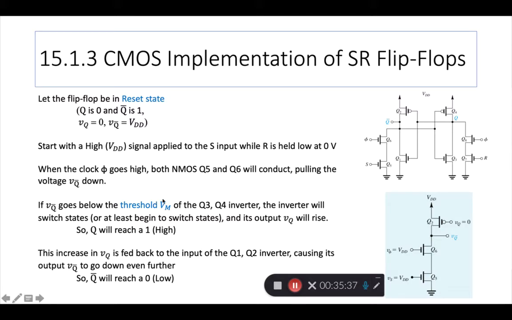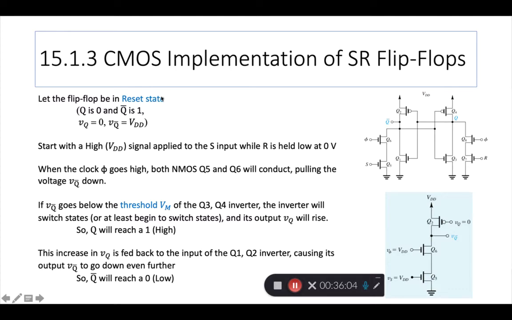When the input voltage to the inverter, remember the inverter is sitting in a reset state, right? Reset meaning Q is low. So when you lower the input voltage below VM, the threshold, then Q3, Q4 will flip. That means the output will go high because it is currently at a low state, right?